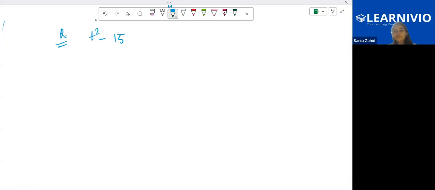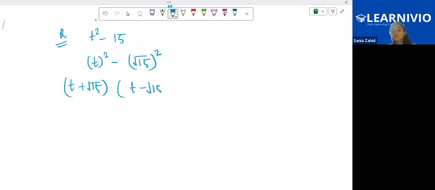You will take t whole square minus, not 15 whole square, under root of 15 whole square. Right? So what is this identity now? A square minus b square. So this can be opened as a plus b and a minus b.